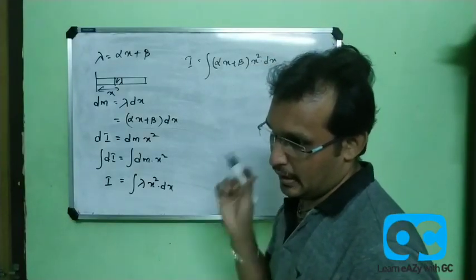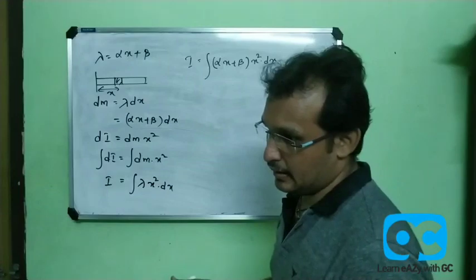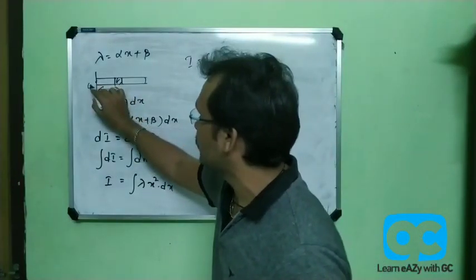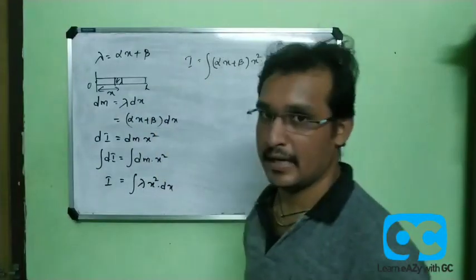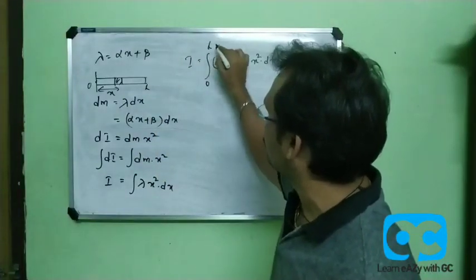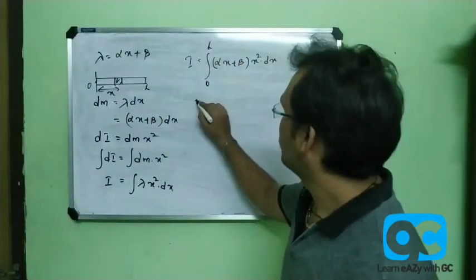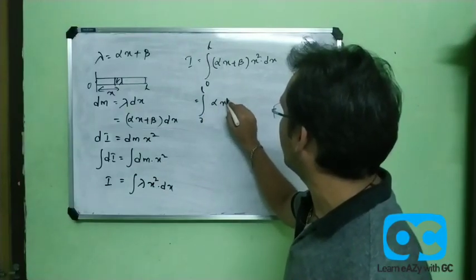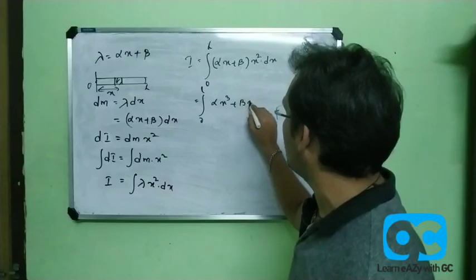L is the length of the rod, so we are integrating from x equal to 0 to L. So the integral from 0 to L of alpha x cube plus beta x square dx.